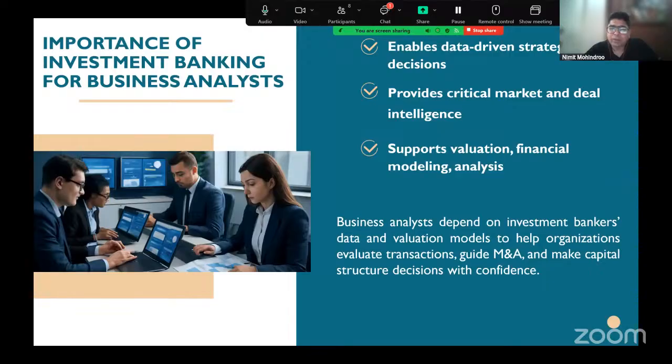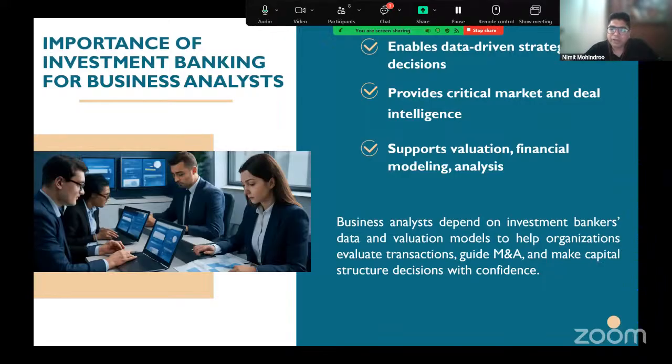It provides critical market and deal intelligence. The business analyst role relates to business intelligence also, BI, correct? That is where the intelligence can be applied. So investment banking could be a perfect industry for aspiring business analysts.